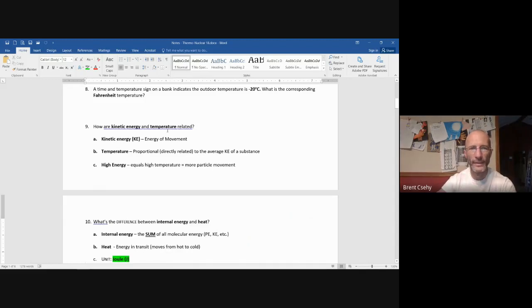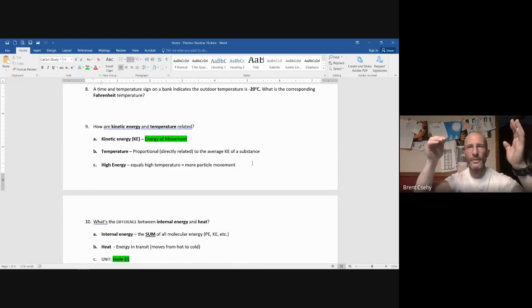So how are they related? Kinetic energy, of course, is the energy of movement, as opposed to potential energy. Temperature is proportional, or directly related, to the average kinetic energy. So as the kinetic energy goes up, so does the temperature.